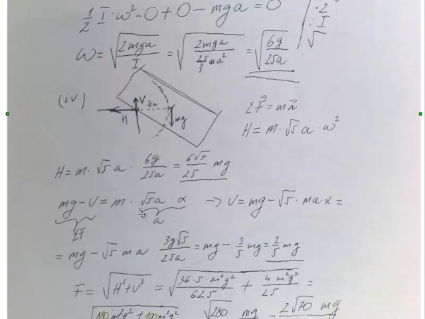Acceleration is now the radius times angular acceleration, and we take V to the right side and this to the left side, so it is here, and we substitute alpha.